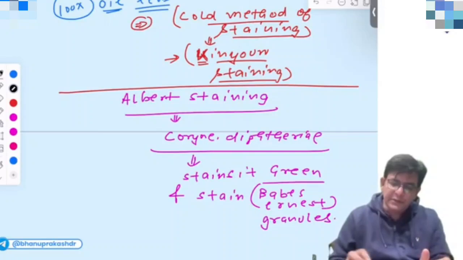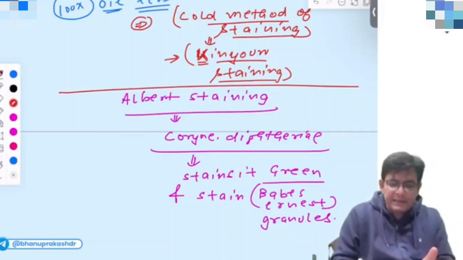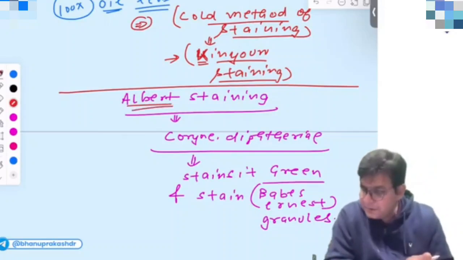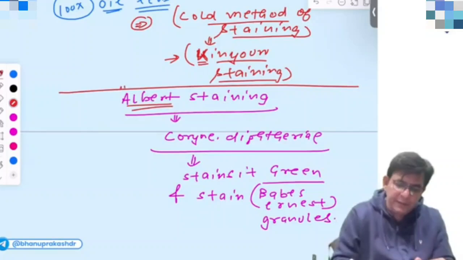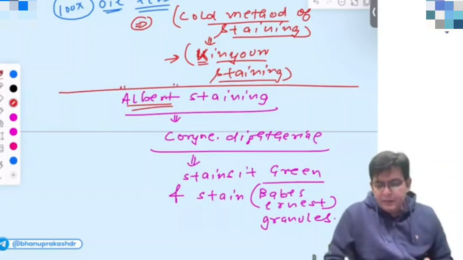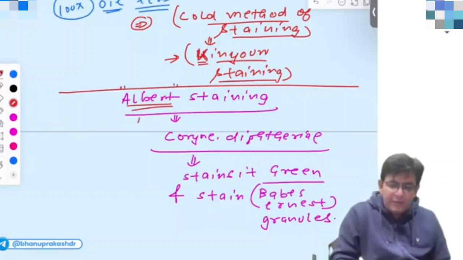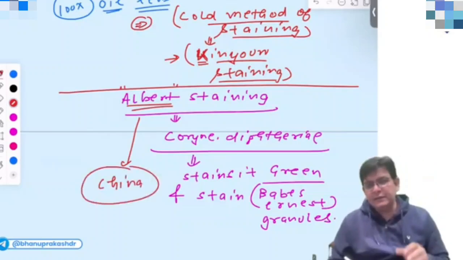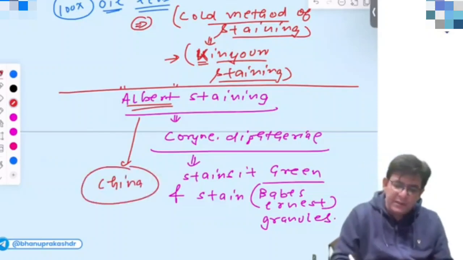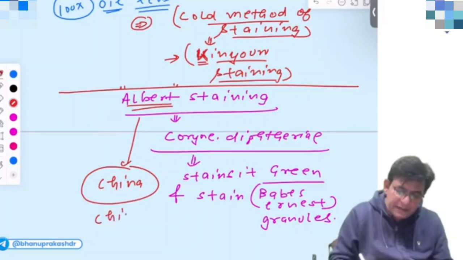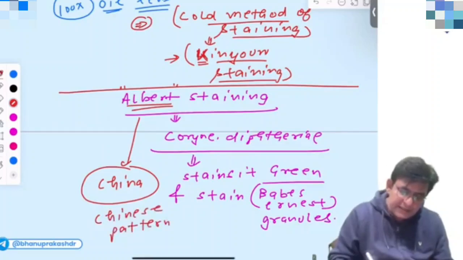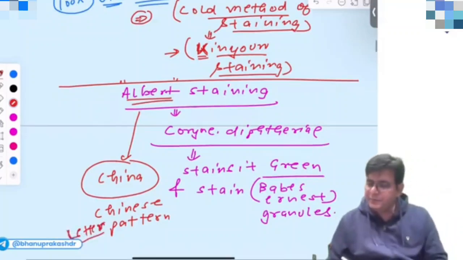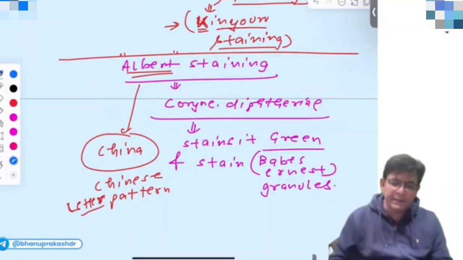So remember like this, guys: Albert is a person who has gone to China. Why am I saying he has gone to China? Because Corynebacterium diphtheriae has a Chinese letter pattern.